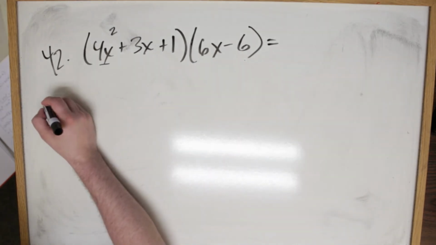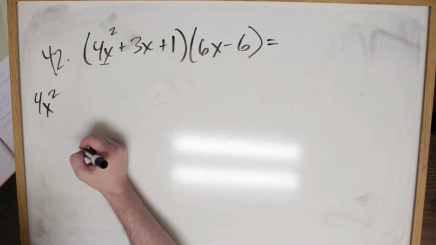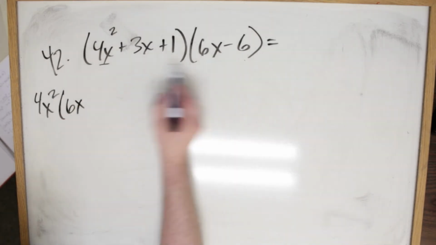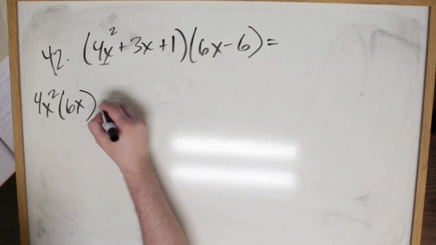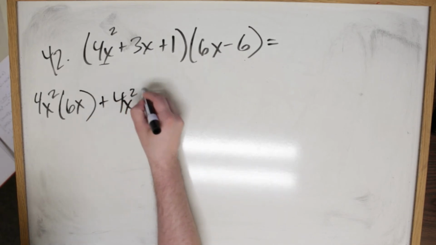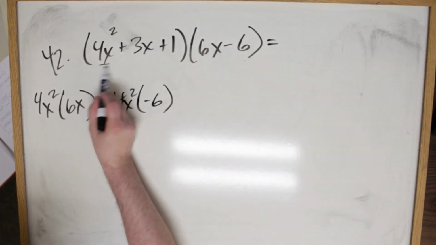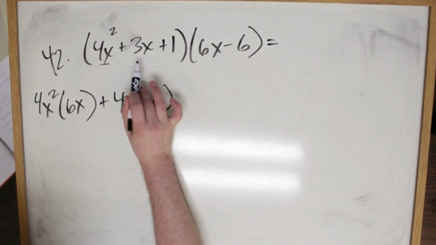I'm going to need as much space as I can. 4x squared times 6x. Okay, the first. This one times that. Boom, done. Plus 4x squared times minus 6. Now we're done with the first term. Since we already did both those pieces, we move on to the second one.